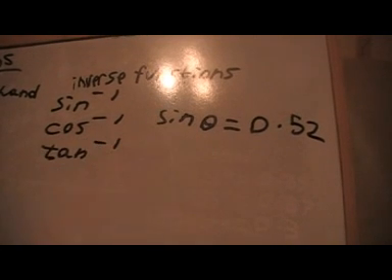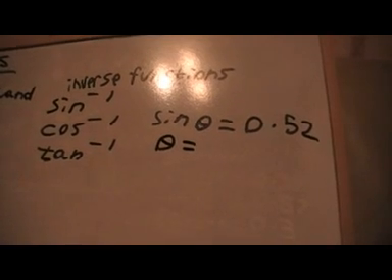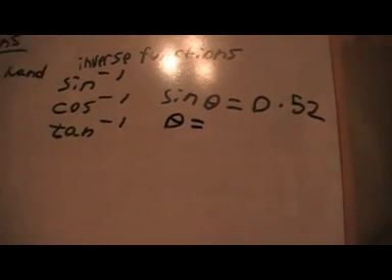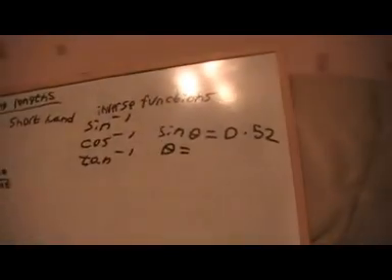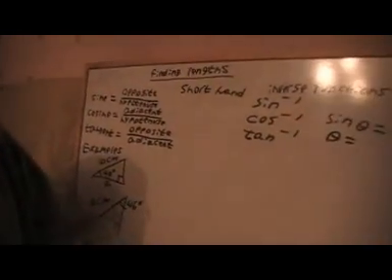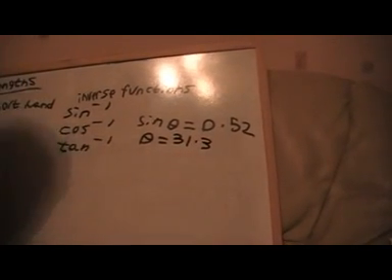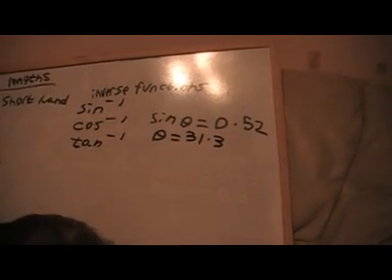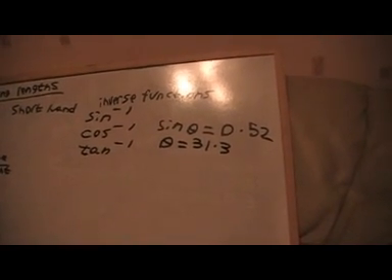To find this angle theta, I would type into my calculator the inverse sine, which would be sin minus 1 on your calculator, and then you put in this number here, 0.52, and then you get your angle. And the angle to 1 decimal place would be 31.3. So if you put that angle in, that's the sine you'll get.